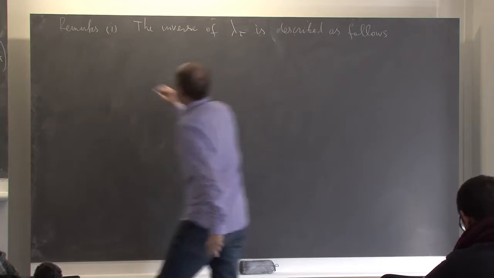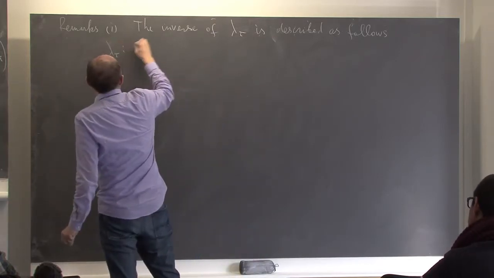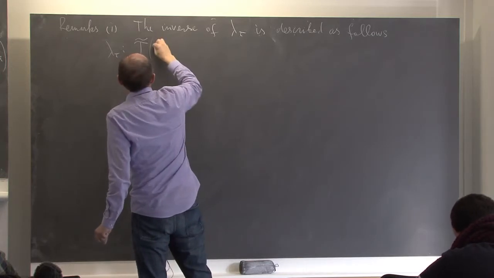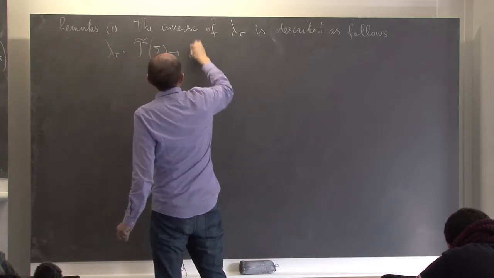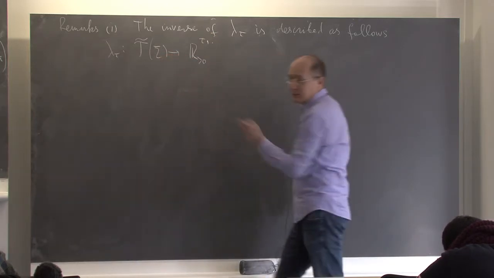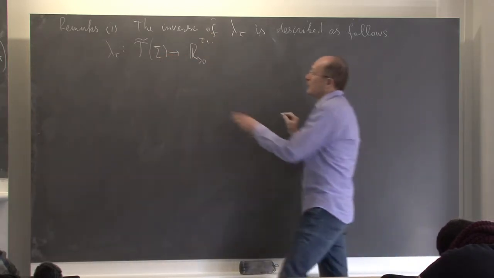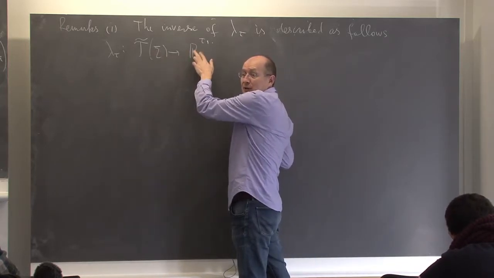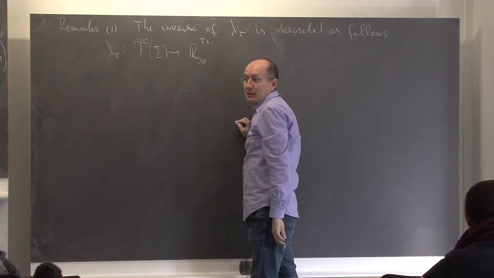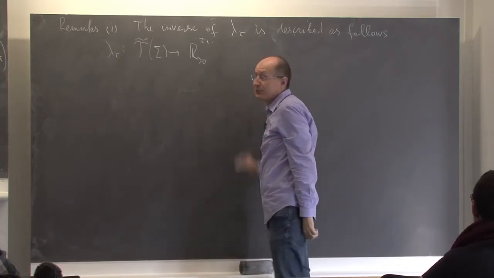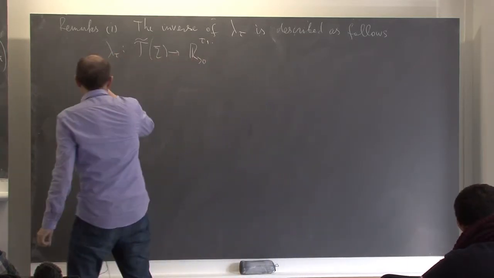So remember that lambda tau is a map from decorated Teichmüller space to the set of positive numbers on edges. So the inverse means that we should be able to single out a point in here, starting from a coloring of edges of the triangulation by positive numbers. So what we do is the following.